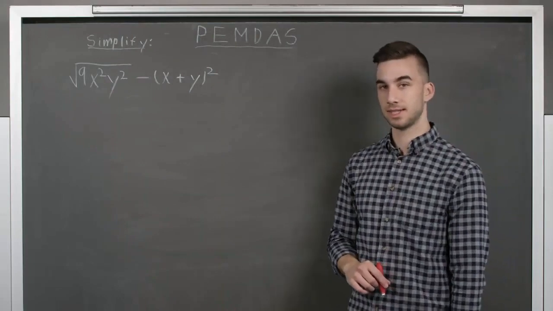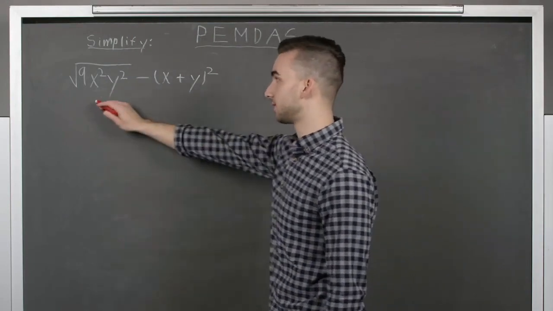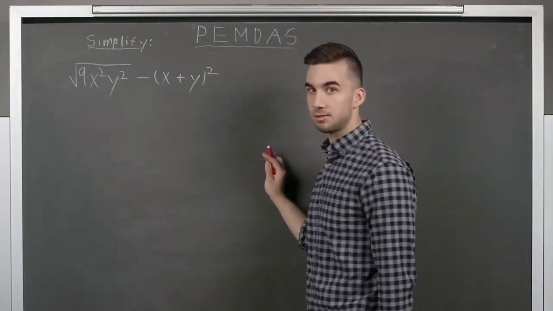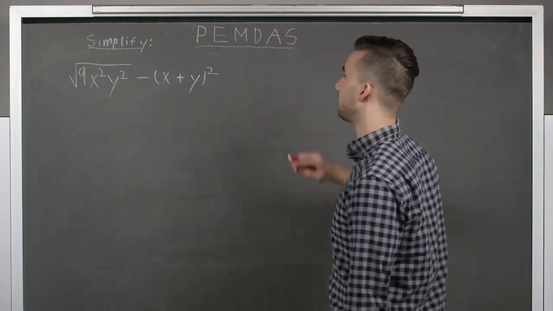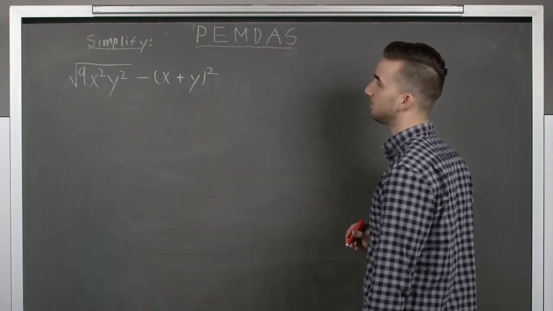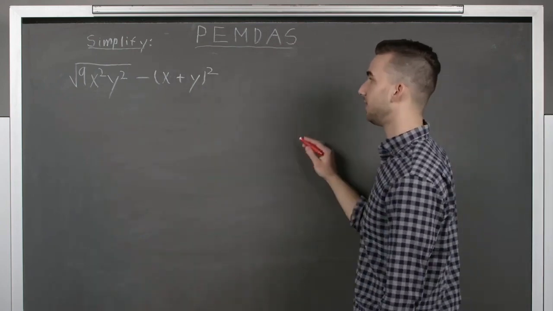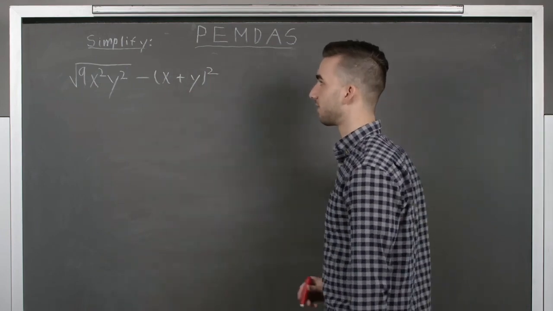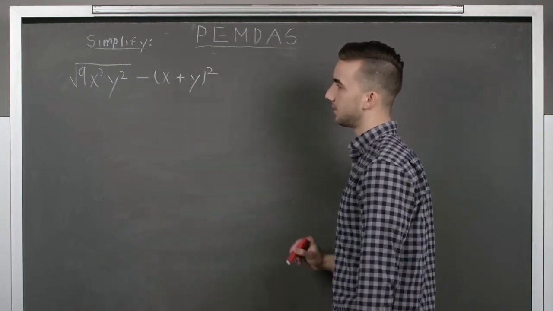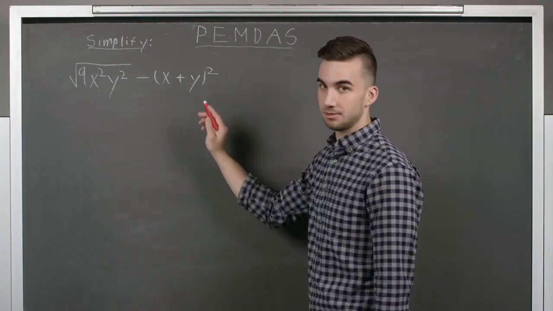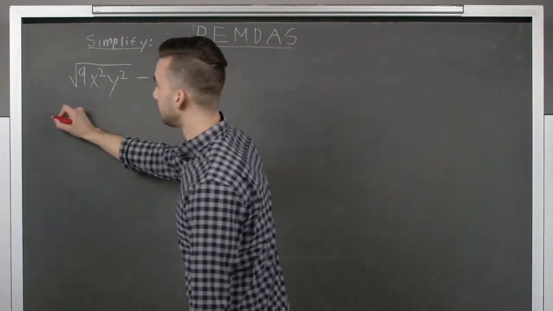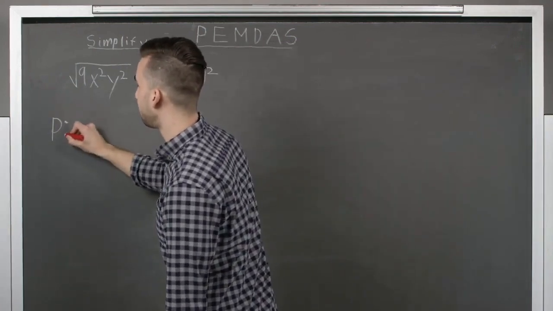Let's do one more example. We have an algebra expression here that we can simplify using PEMDAS. So let's do parentheses first. Is there anything we can simplify further inside of parentheses? No. It is as simplified as possible. So that is our P step.